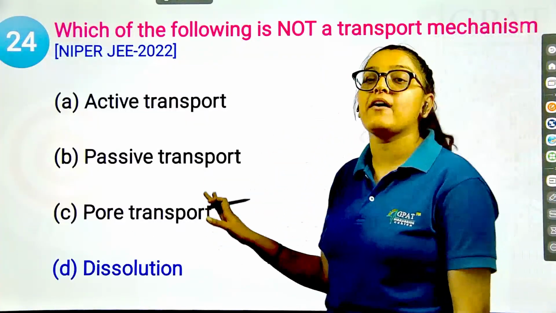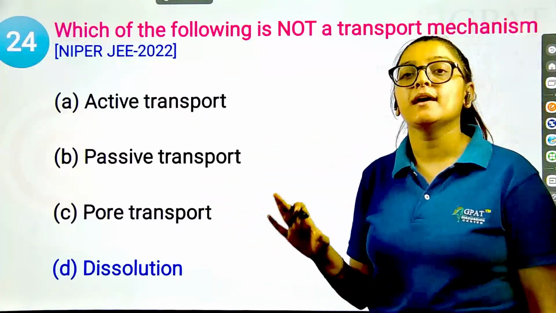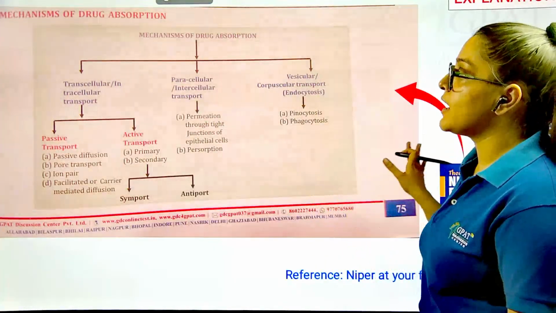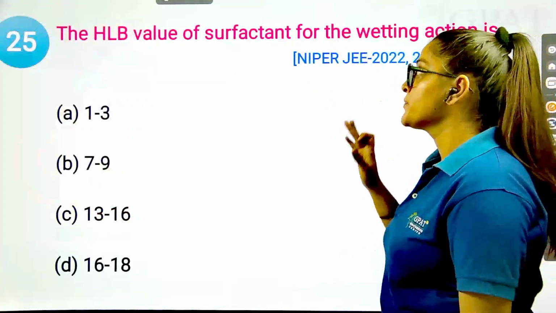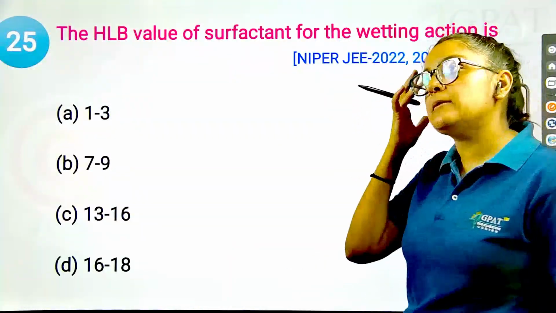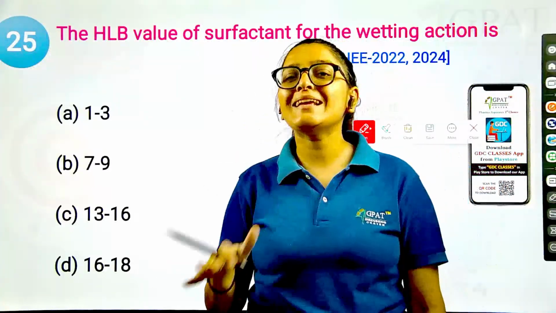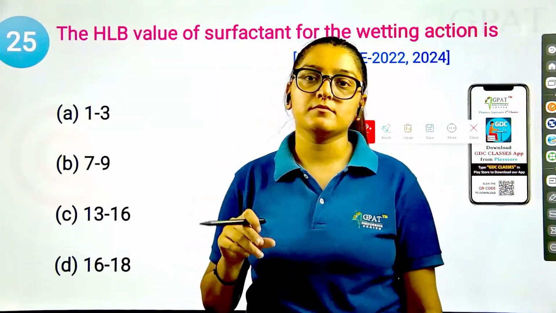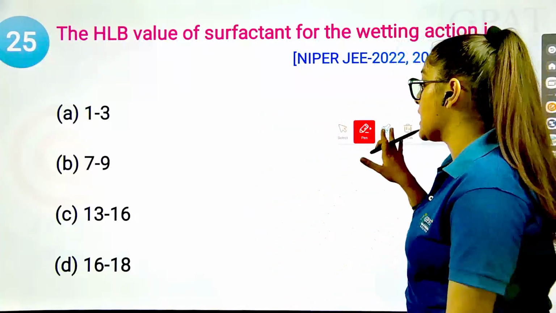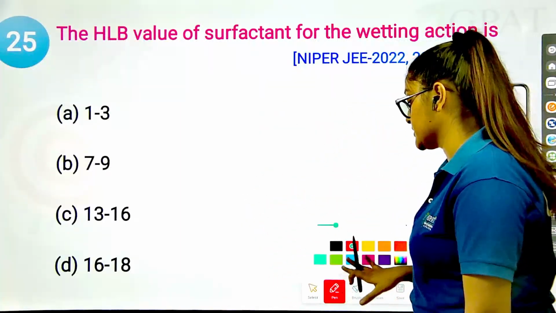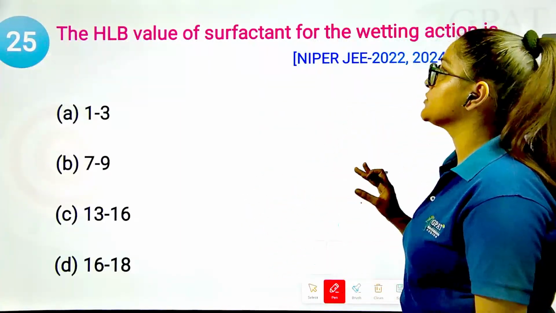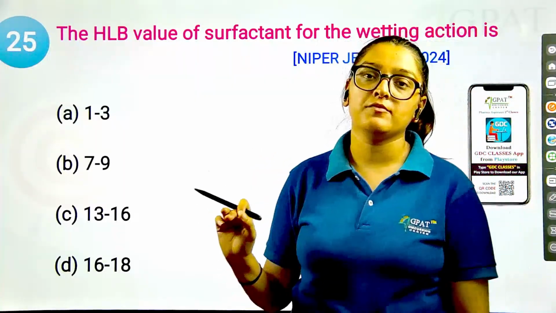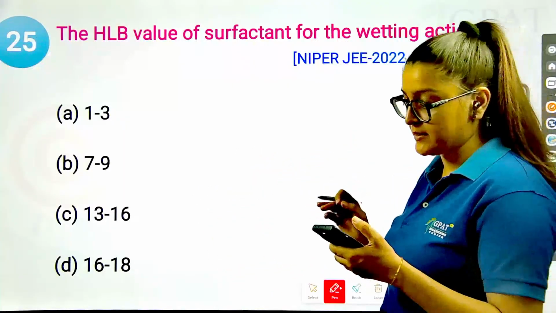The rest all have transport in their names as well. It was also asked in 2022. I think in the GPAT, very few questions are asked from biopharmaceutics. But in the NIPER, the simplest questions are from biopharmaceutics only, right? Most of the questions I can spot that are asked from biopharmaceutics are very simple and direct.